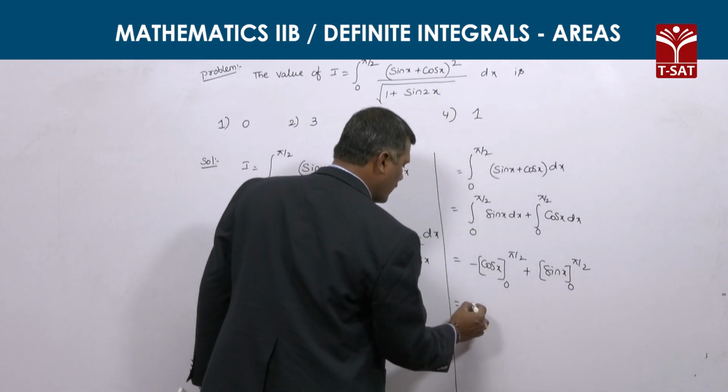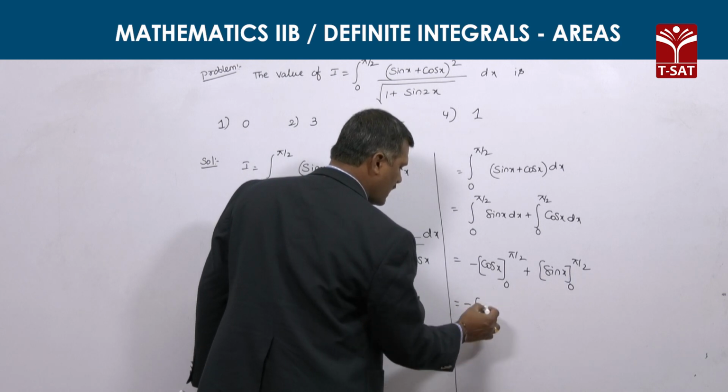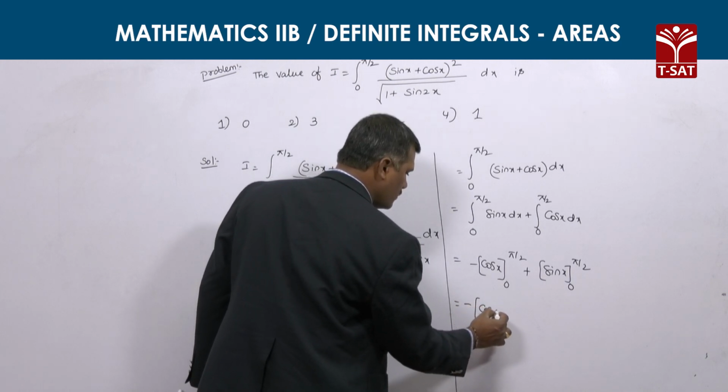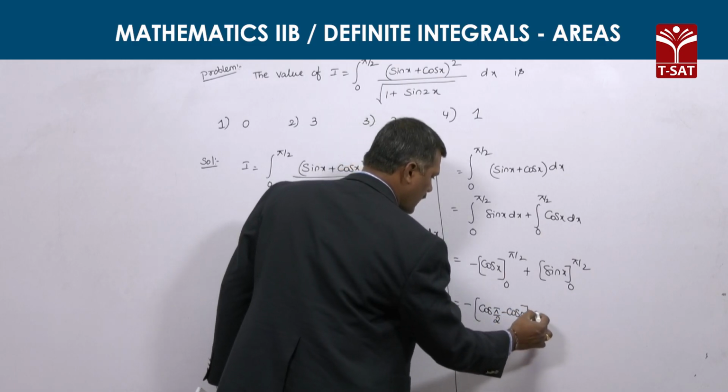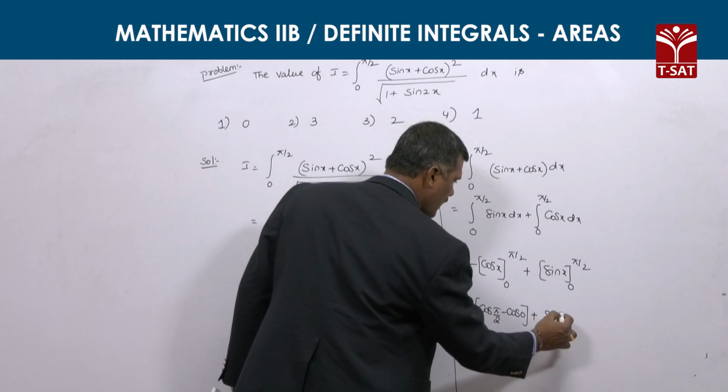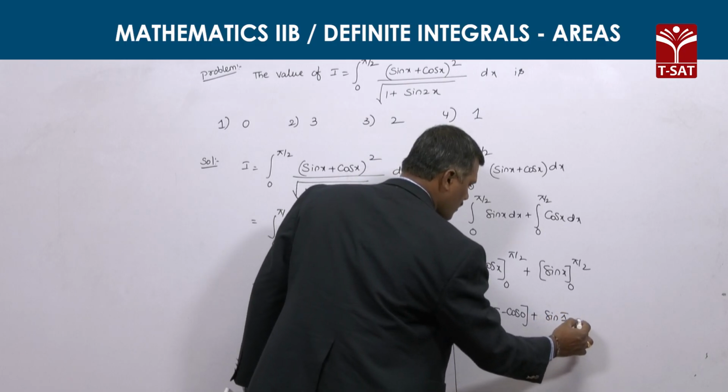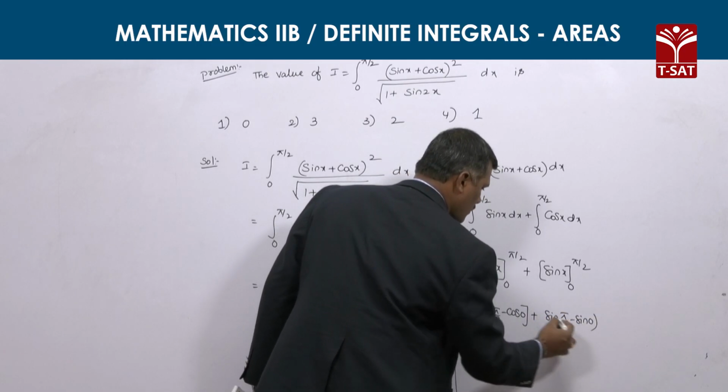Now applying upper limit minus lower limit: cos pi by 2 minus cos 0, plus upper limit minus lower limit, sin pi by 2 minus sin 0.